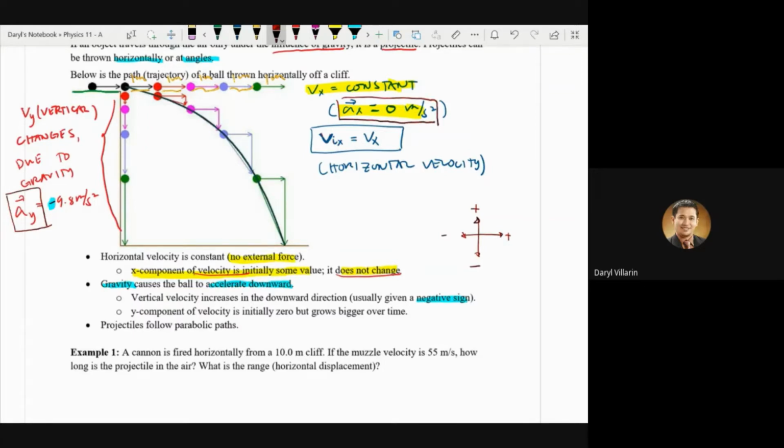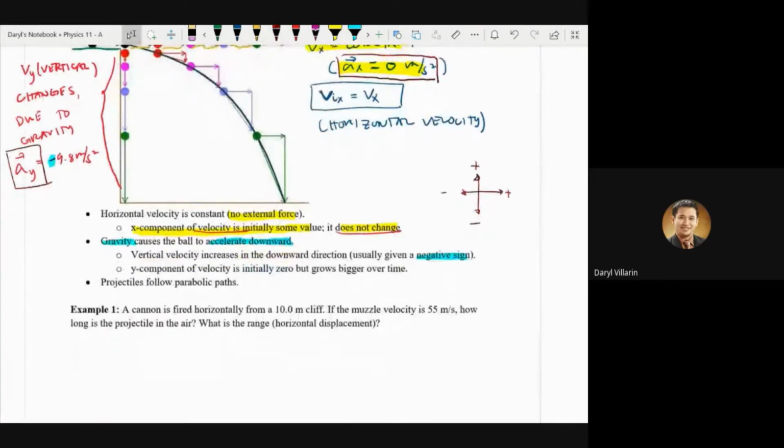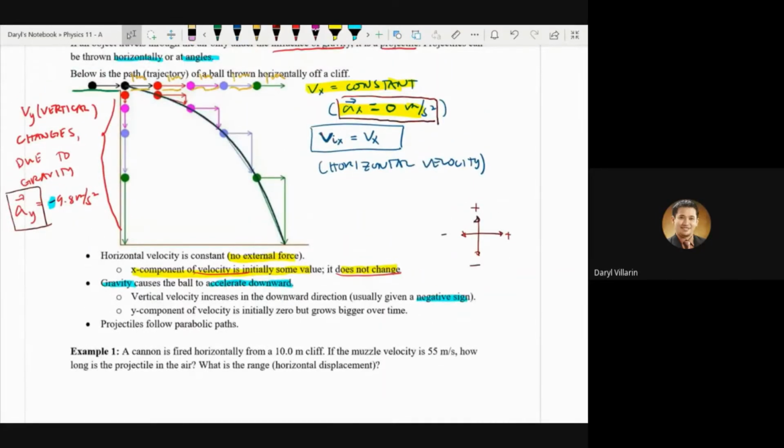So essentially, the acceleration of your projectile motion is just negative 9.8, and that is just due to the y component of the acceleration, because the x component of the acceleration is 0. So the y component of velocity is inertia but grows bigger and bigger over time. If it is horizontally launched, this is the case.